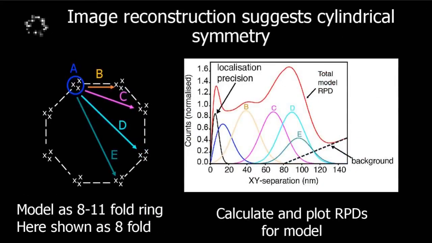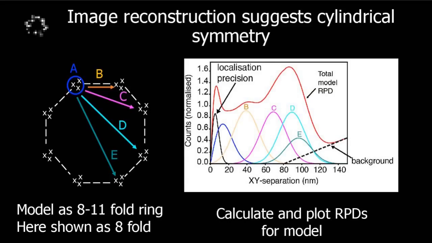So here is our best guess model, in fact, and we can interpret this in the following way. First of all, there's some localization precision element, because although we measure where a single molecule is, we have some uncertainty about exactly where it is. Second of all, there are a couple of instances of this molecule in a single position in the ring.